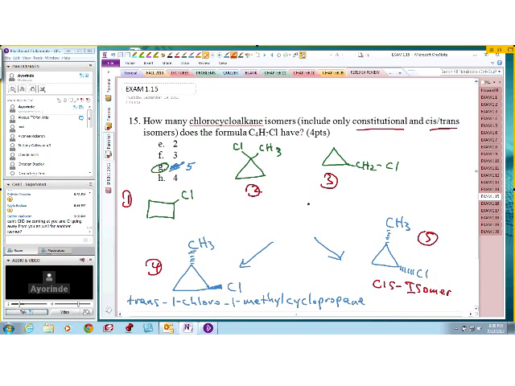In this case, we will still be cis. 1-chloro-1-methylcyclopropane. Okay? So let us go to the next one.